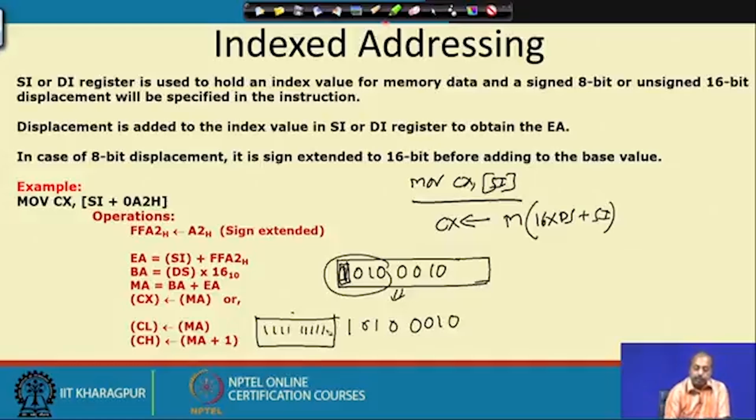That way it represents the same number A2 hex in 16 bit notation. That is the sign extended form. So, this becomes FFA2 hex, and the FFA2 hex will be added with the SI register for getting the offset, and then the memory address will be calculated.